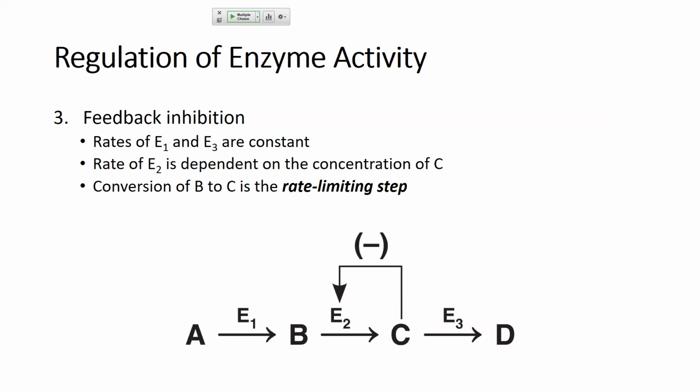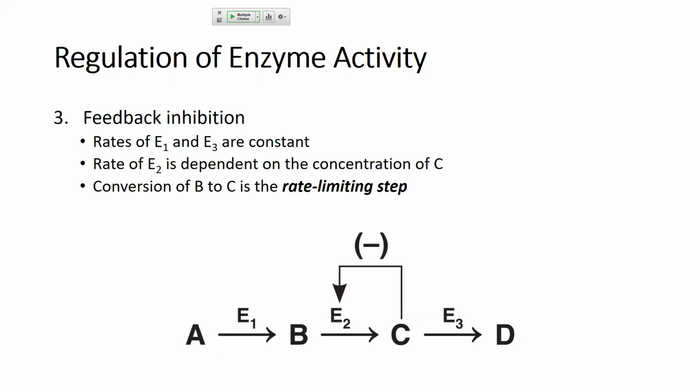This basically means that the more formation of product C that we have, the more we are going to feed back to inhibit enzyme 2, which is going to cease the production of product C. If we have lots of C floating around, we feed back and inhibit enzyme 2, which will stop the reaction from proceeding at that step. This is usually the slowest step of the reaction, because the products of that step build up more quickly, and that's the step we really want to regulate.